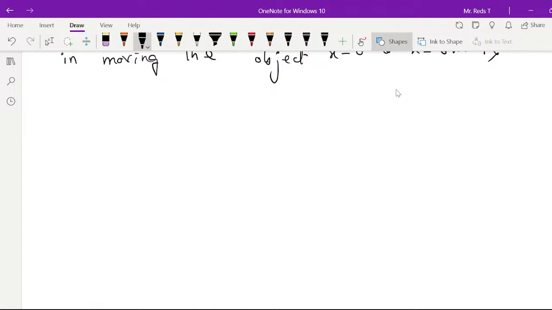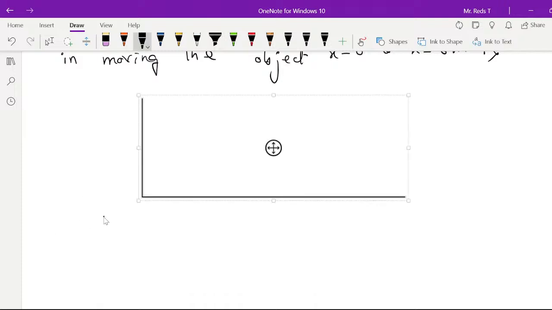Graph. This is the y-axis and this is the x-axis. It is 0, and it is given 0, 1, 2, 3, 4, 5, 6, 7.